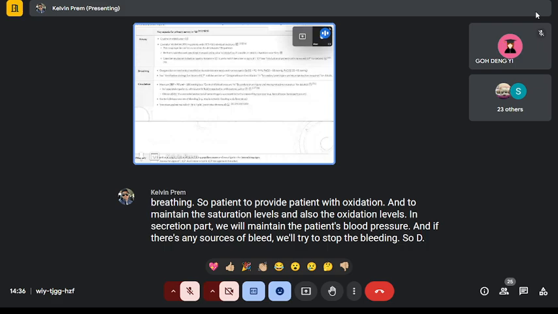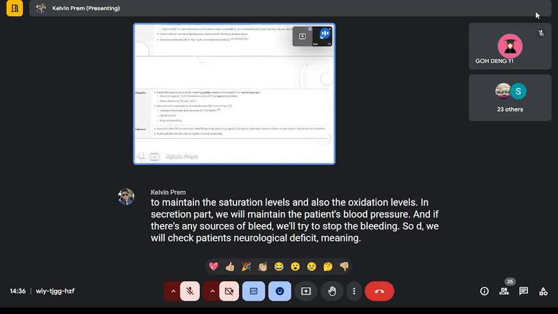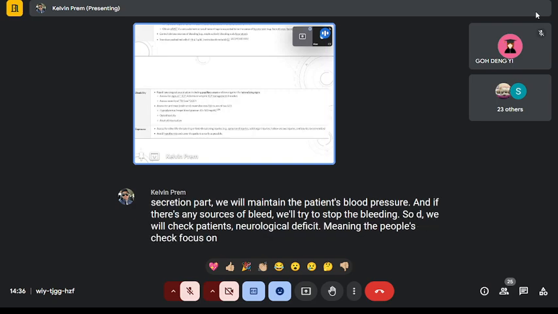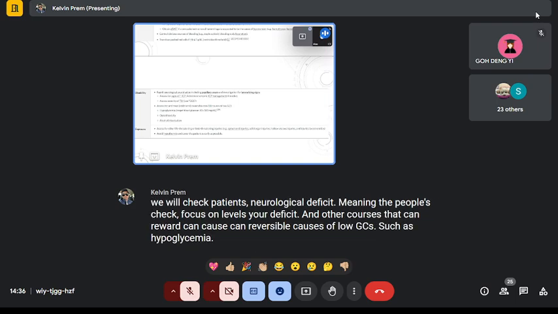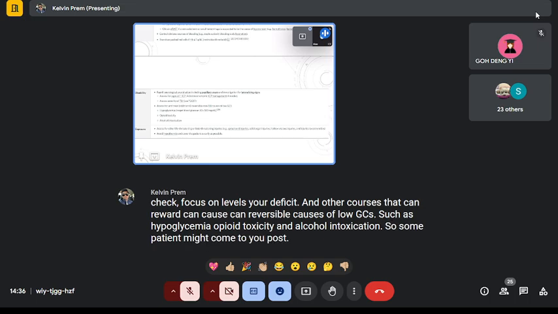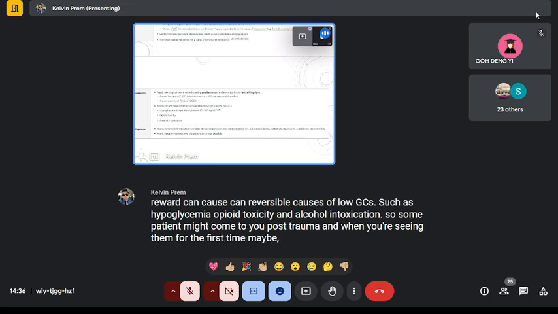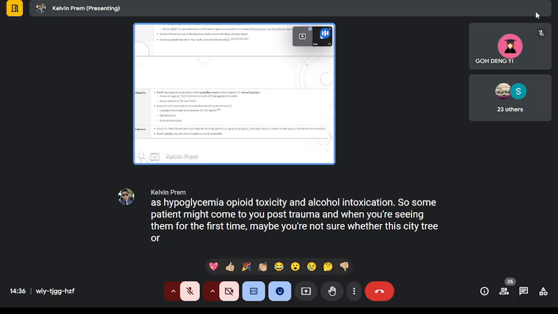For D, we will check the patient's neurological deficit, meaning we check for focal signs of neurological deficit and other reversible causes of low GCS, such as hypoglycemia, opioid toxicity, and alcohol intoxication. Some patients might come to you post trauma, and when you're seeing them for the first time in ED, you're not sure whether this is head injury or the patient is just drunk or overdosed on alcohol.